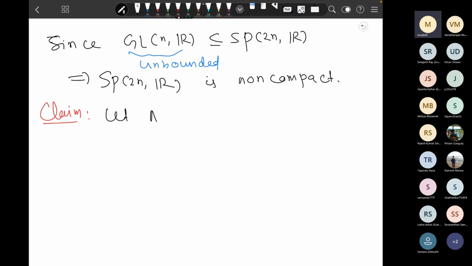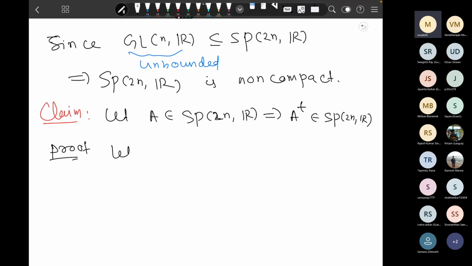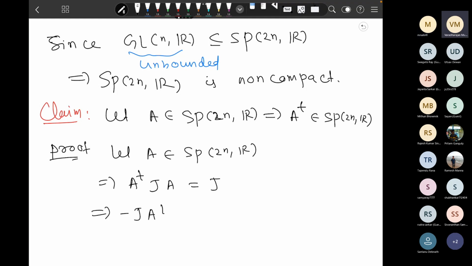So let A belong to Sp2n(R). Since it is a real matrix, I have to show that A transpose belongs to Sp2n(R), and this is a very clear proof. Let A belong to Sp2n(R), so this implies A transpose J A is equal to J. Here I will multiply by minus J, so this will be minus J square, and this is equal to identity.